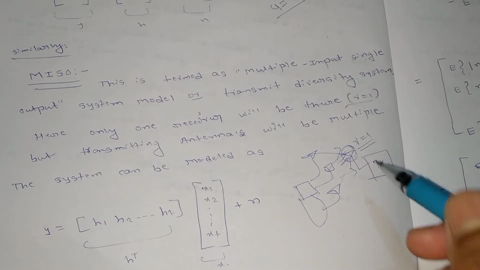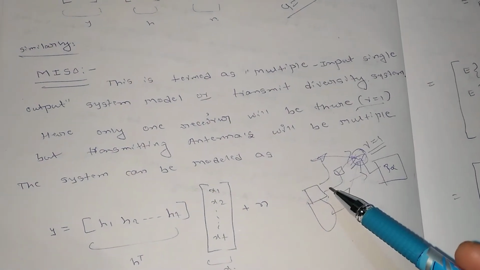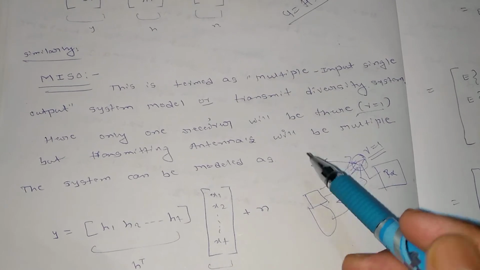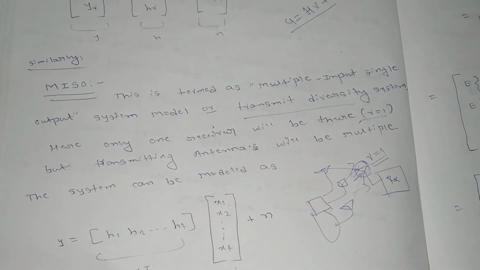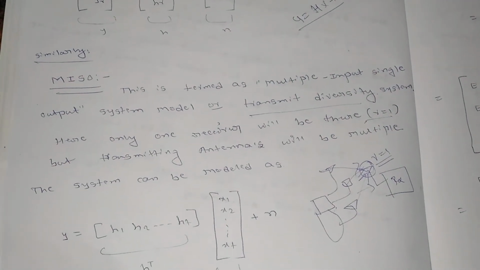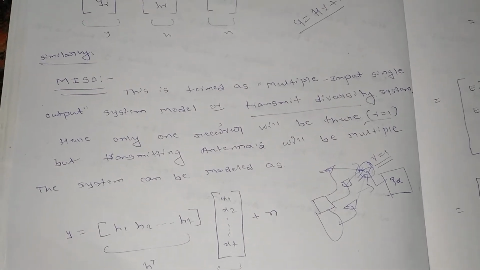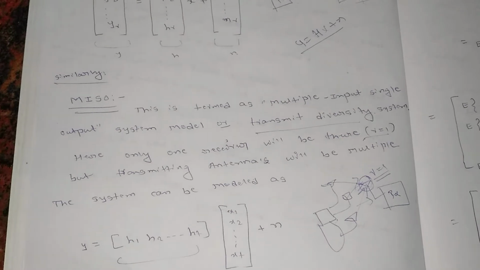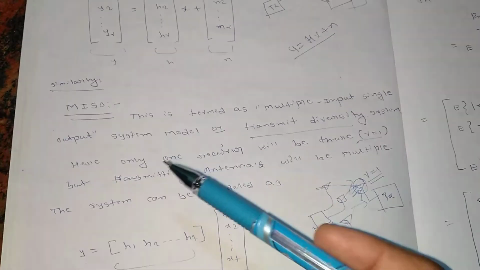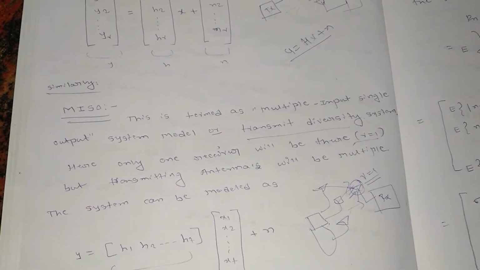That means there are multiple signal components at the transmitter, so that's why I can call it transmit diversity, as explained previously, right? So SIMO and MISO are quite opposite to each other, so the equation is something similar. In SIMO I have Y1, Y2, YR because multiple received components will be there.